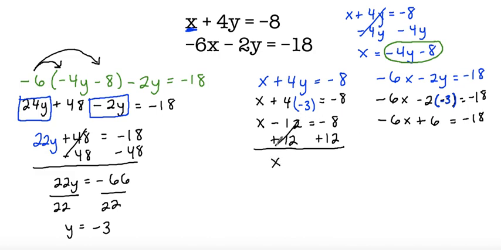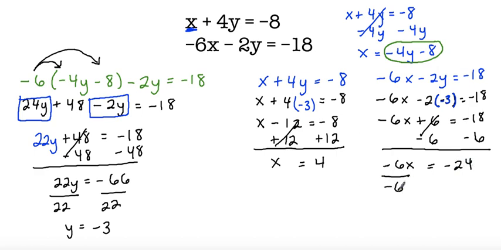So x is equal to positive 4. And here we have to subtract 6 on both sides. So we end up with negative 6x is equal to negative 24. And we have to divide both sides by negative 6. So x is equal to 4.